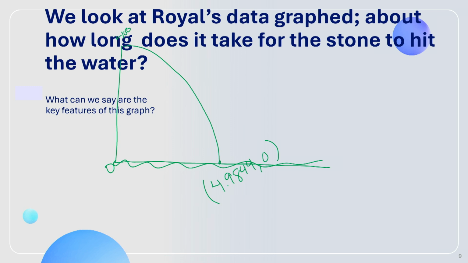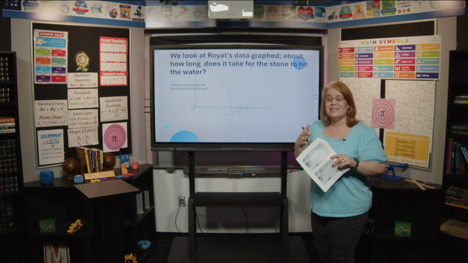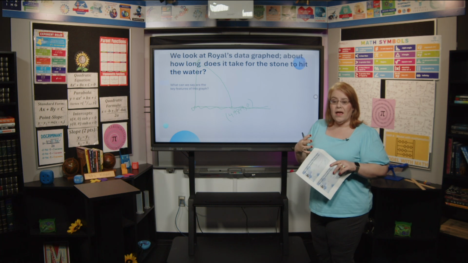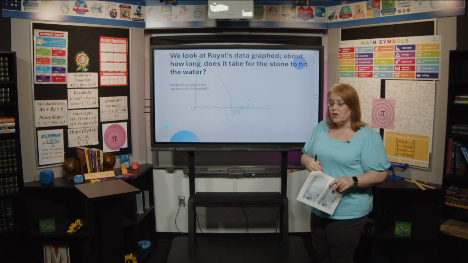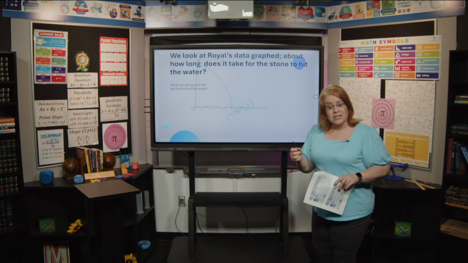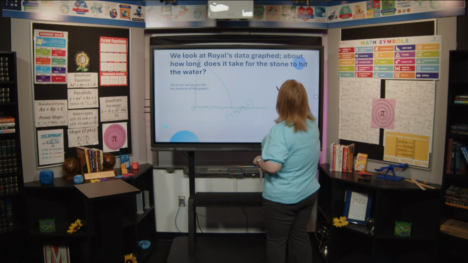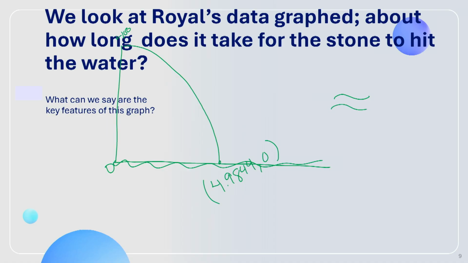Now, that's really difficult to use if I'm having to make sense of exactly what that point is being interpreted as. So what I'm going to do, if we remember our approximate, is say it's going to take approximately 5 seconds. Ms. Killen, why did you say 5 seconds?